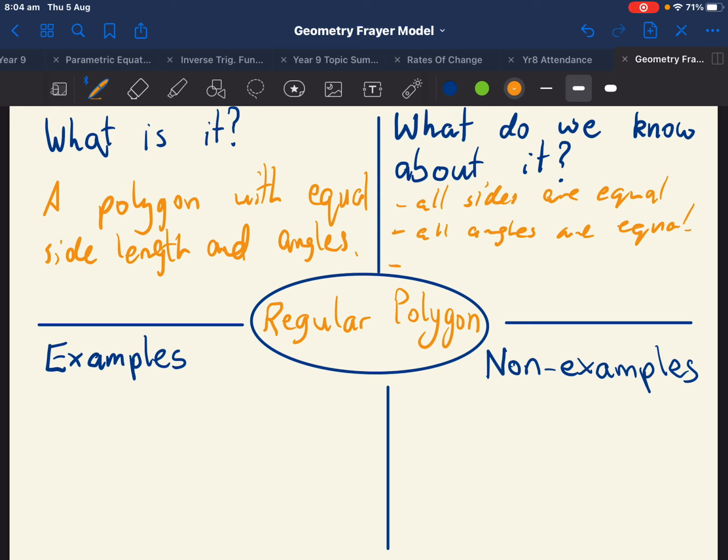Also, interestingly, and we learnt this I think in the second last lesson of this topic, all exterior angles are equal and can be given by the result 360 divided by the number of sides n. So just a couple of different things that we know about regular polygons.